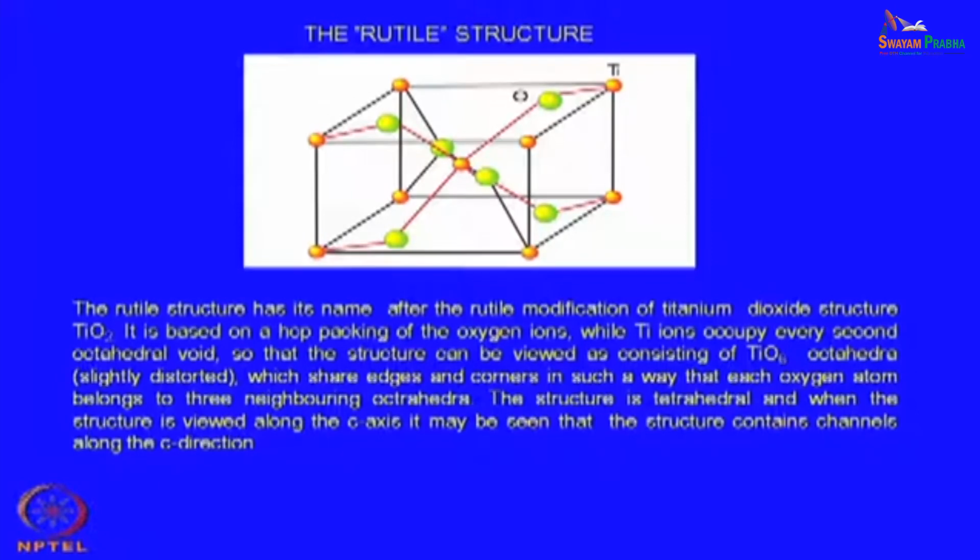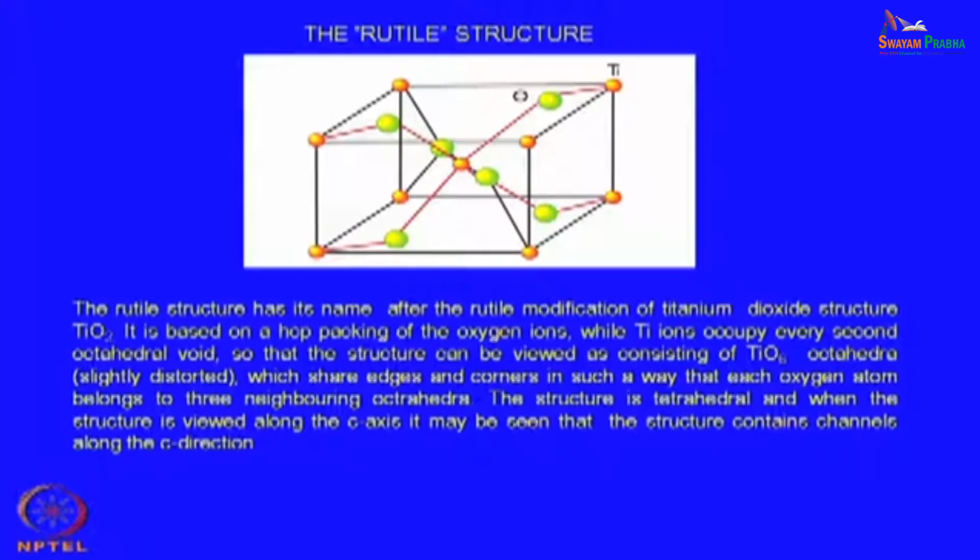It is again not a very regular, symmetric octahedron; it is distorted, and the octahedra share edges and corners in such a way that each oxygen atom belongs to 3 neighboring octahedra. We have seen earlier in the case of a cube that corner atoms are shared by 8 unit cells. Here they are shared by 3 neighboring octahedra.